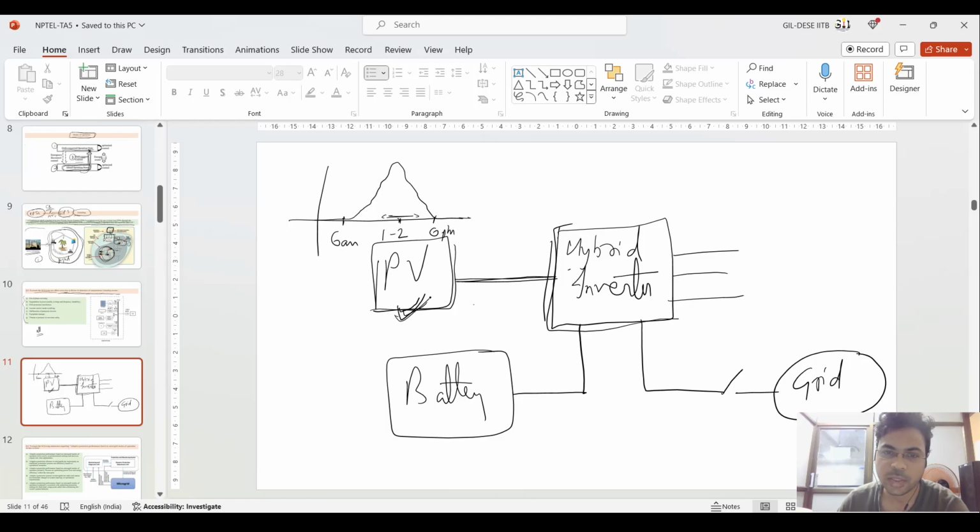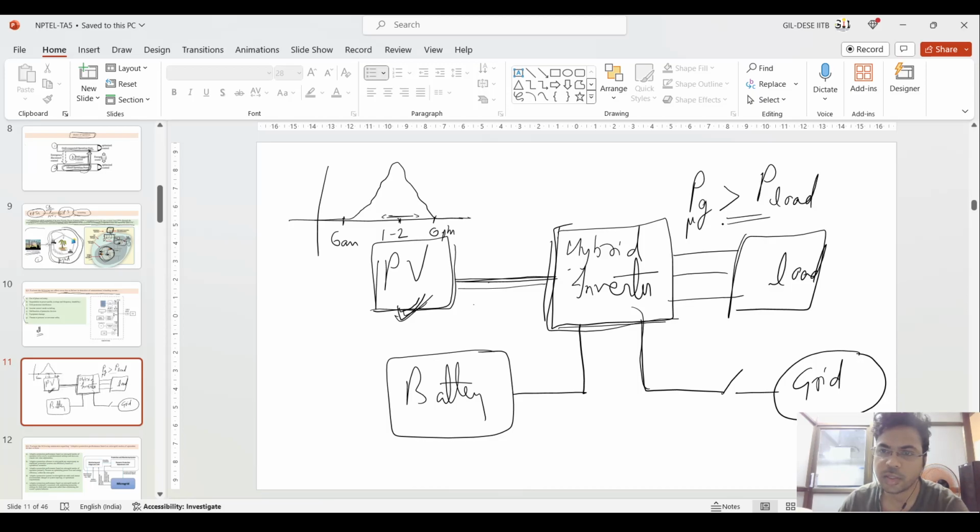So the generation capacity is high during 1 to 2 p.m. What will this hybrid inverter do? It takes power from the PV and sends it to the grid or to the load. Suppose your microgrid generation is greater than what the load is consuming. Then the difference, P microgrid minus P load, you can send to the utility grid itself.